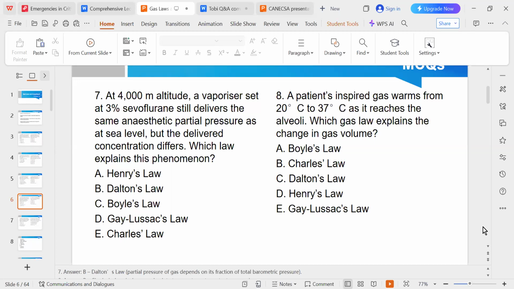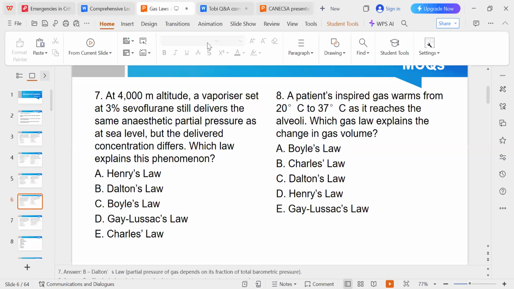Which law explains this phenomenon? A. Henry's law, B. Dalton's law, C. Boyle's law, D. Gay-Lussac's law, E. Charles' law. Which one? Answer B, Dalton's law.